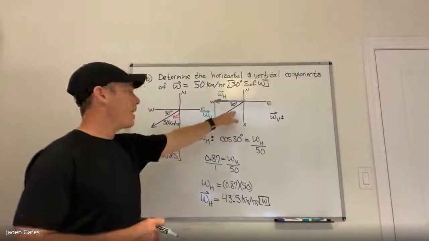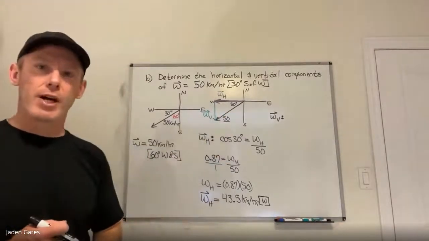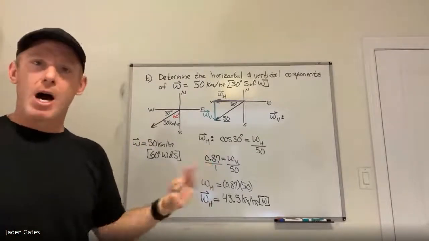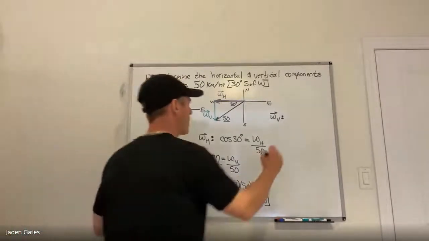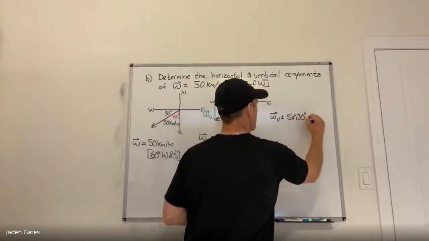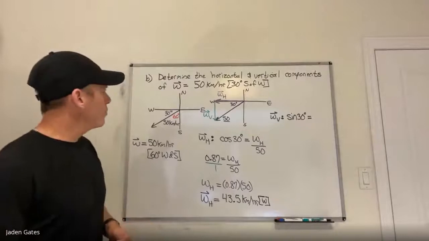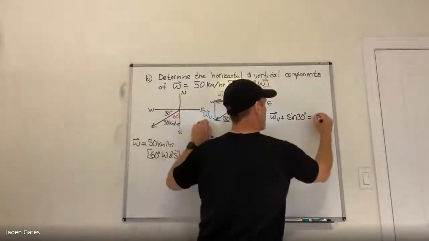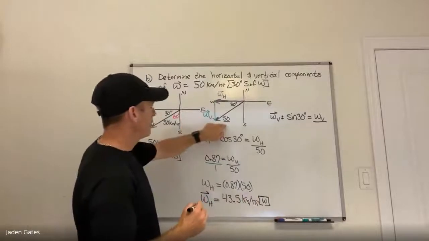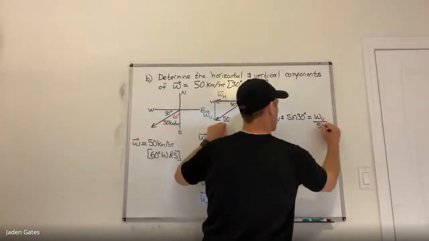I have my hypotenuse here because that's the length of your vector. If I have the opposite and the hypotenuse, I'm going to use the sine ratio. So sine 30 degrees is equal to my WV divided by my hypotenuse, which is 50.